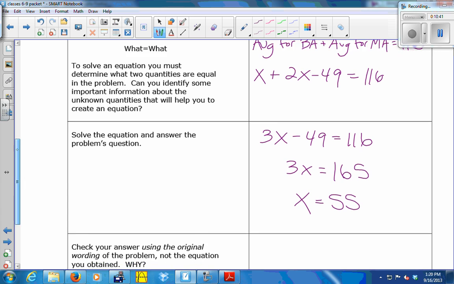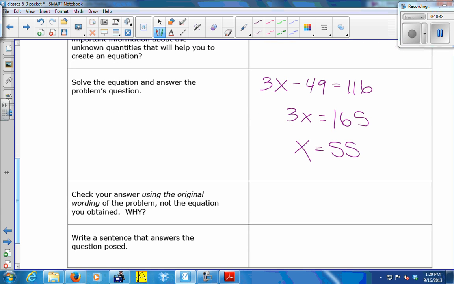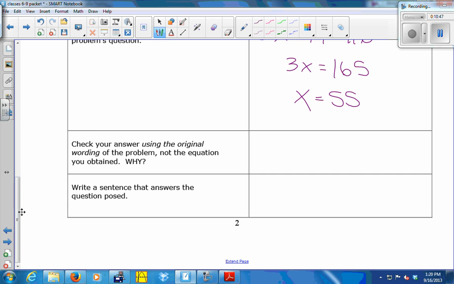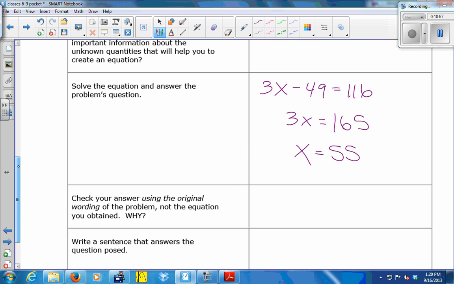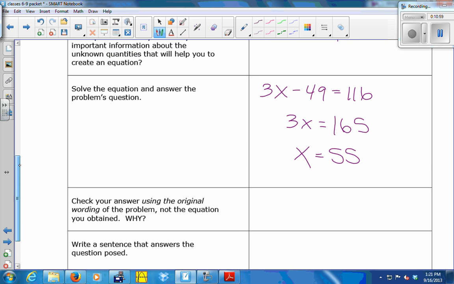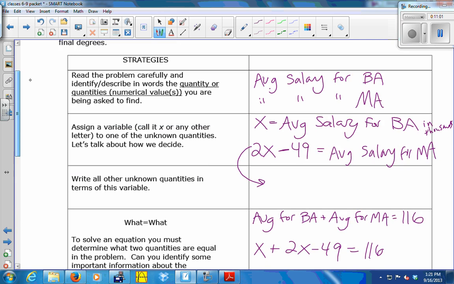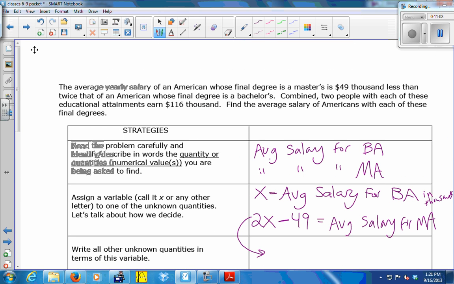Okay, so then answer the question. Now that I have x equals 55, check your answer using the original wording of the problem, not the equation you obtained. All right, so 55, that should be the average salary for someone with a bachelor's degree. Go all the way back to the original wording.